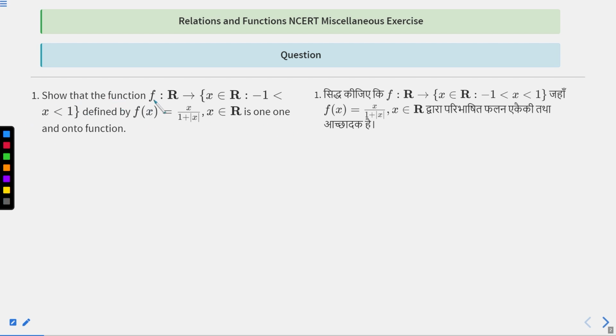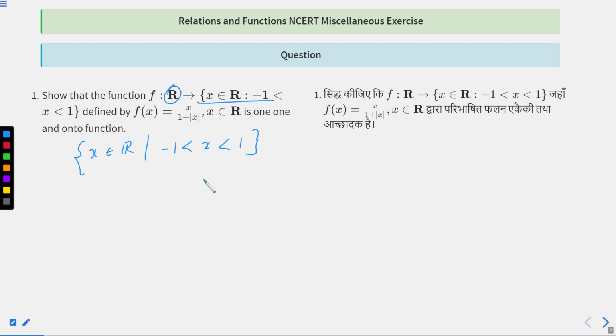Show that the function f from R to this set. What is this set? It is the set of all x from the real numbers such that x must be greater than -1 but strictly less than 1.